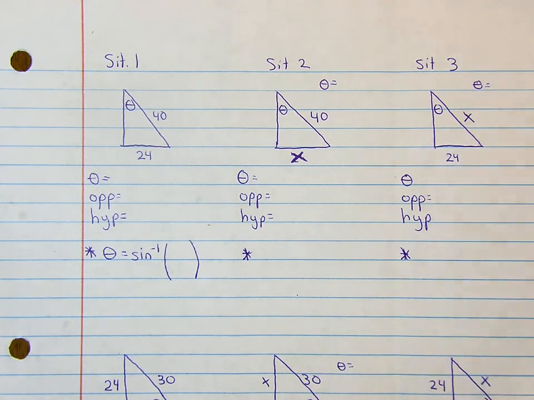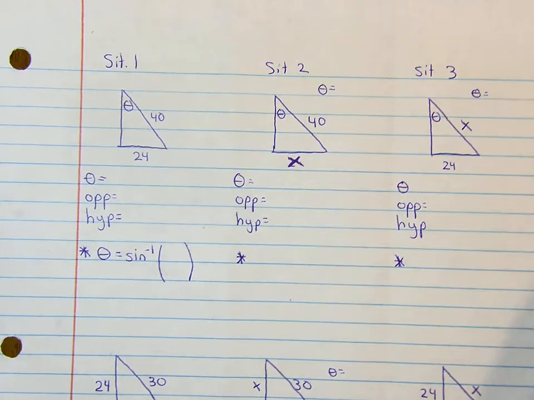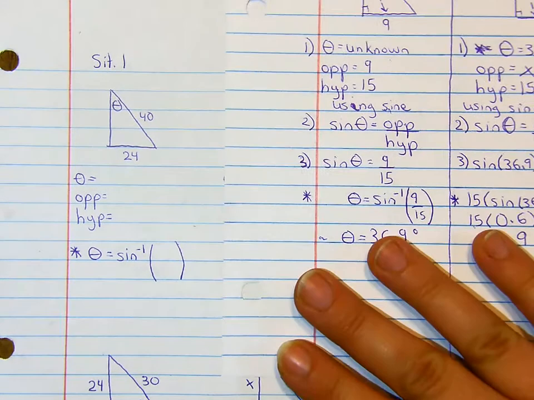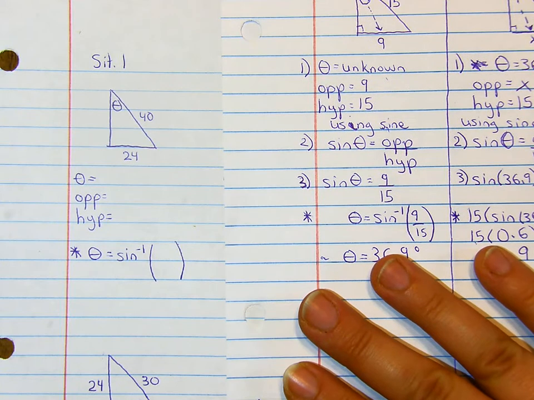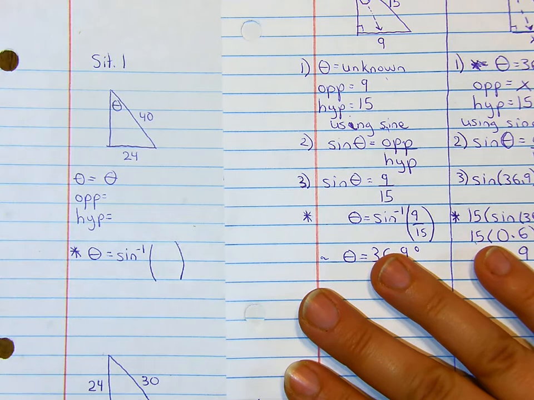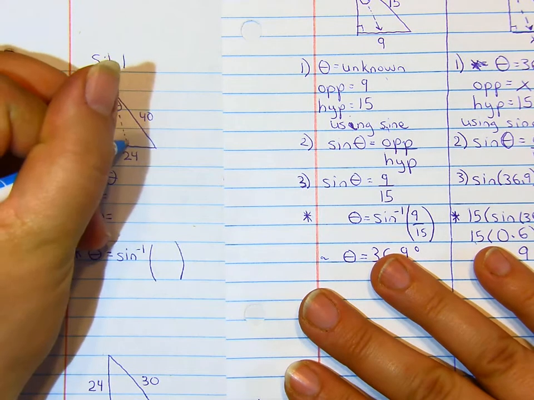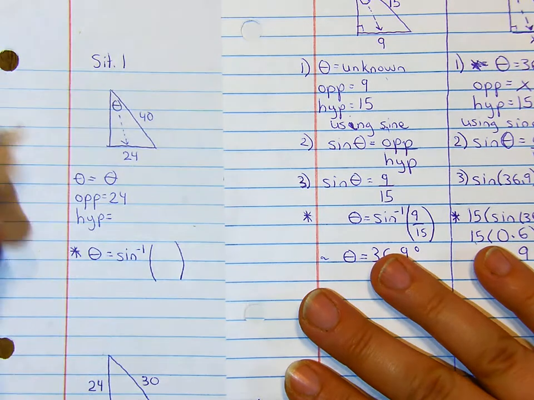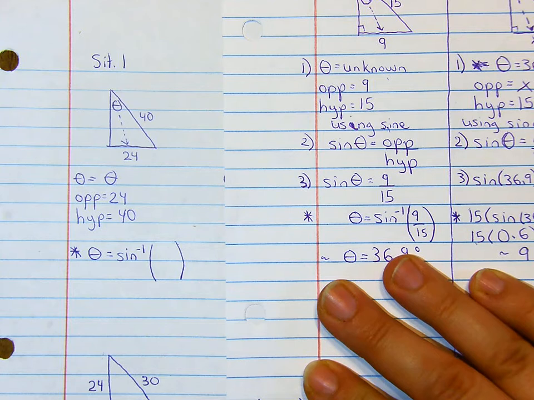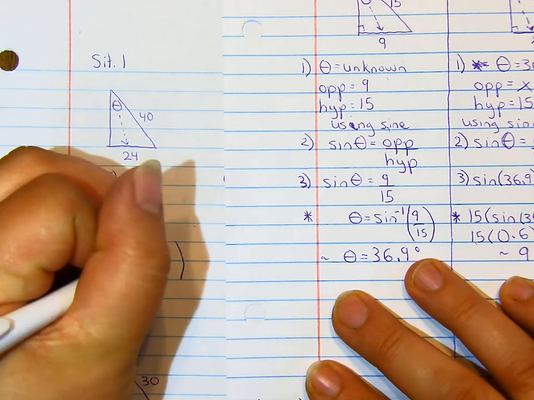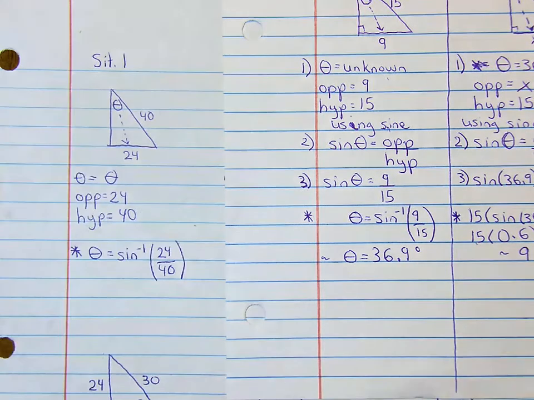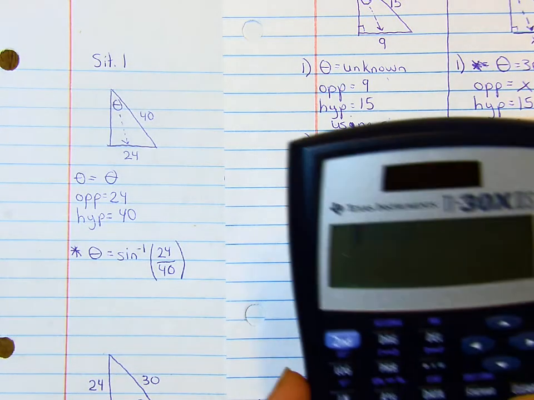So let's look at these. Again, if you haven't finished, please pause the video. So situation 1. My degree is, well, it's still theta, it's my unknown. My opposite is 24. My hypotenuse is 40. So my formula, sine is opposite over hypotenuse. Go to my calculator.